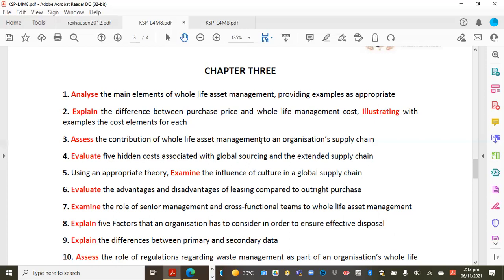Yes, you may have two suppliers, one offering a very good price, 50,000 Ghana cedis, and the other offering 80,000 Ghana cedis. Sorry, there is a difference.